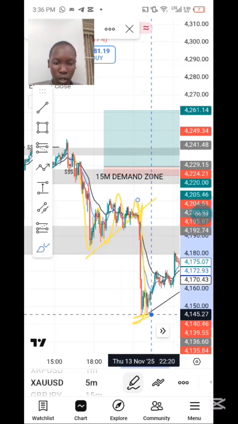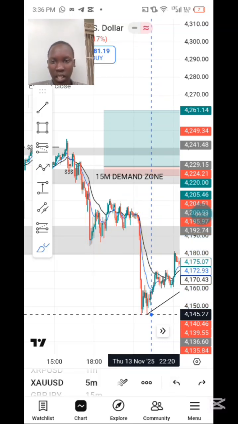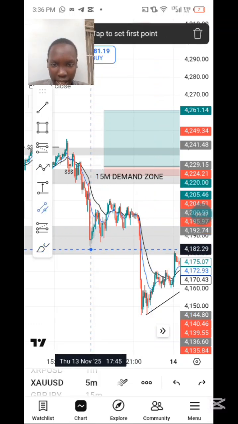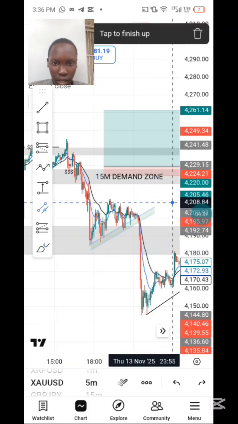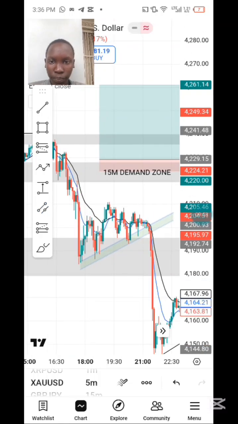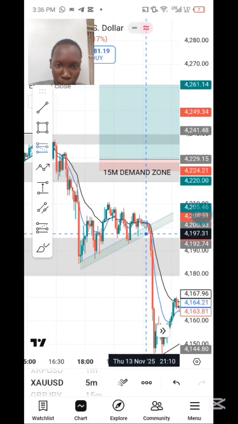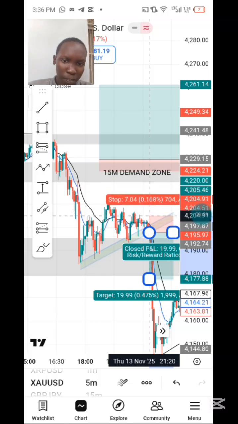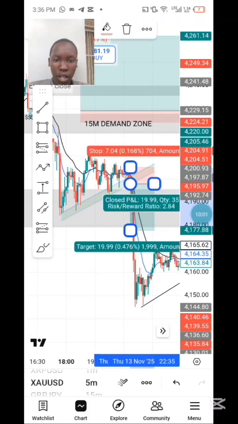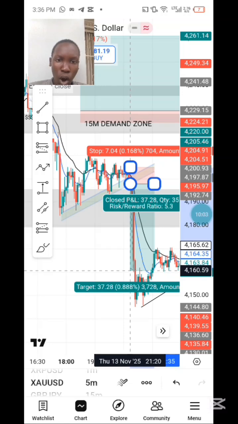Here you could have capitalized, and you could have just waited and drawn this zone like this. Then after drawing the zone, you could now enter a short position. Put the stop loss above there. Now you aim like 1 to 3 risk reward, or even 1 to 5.